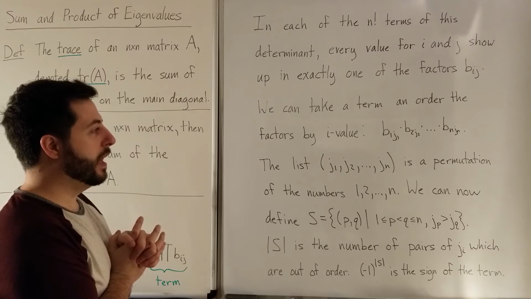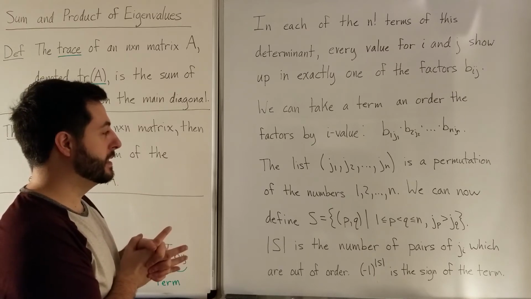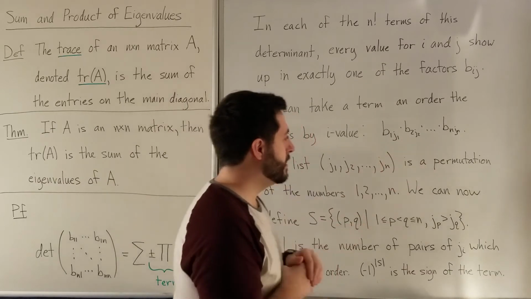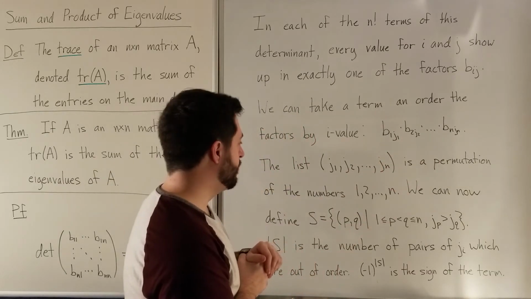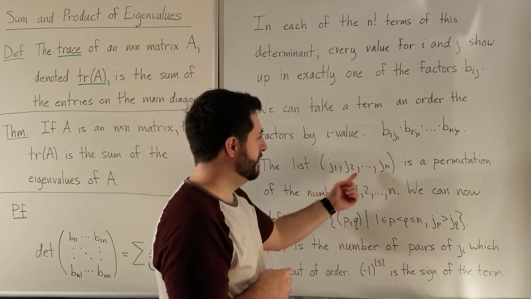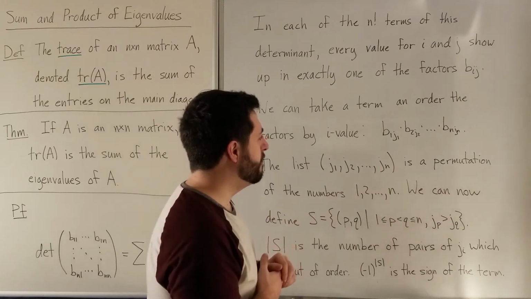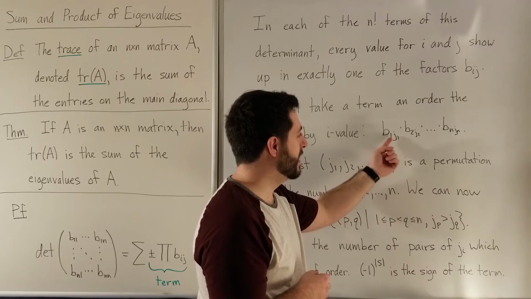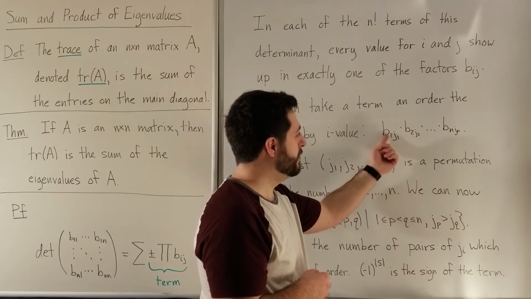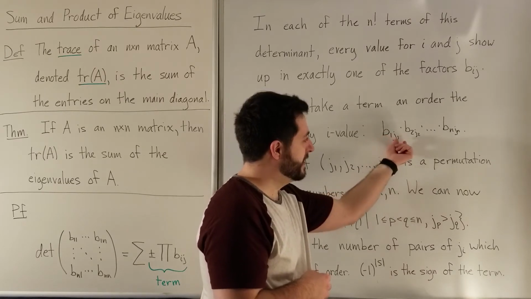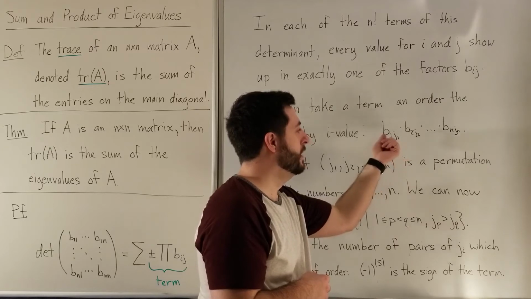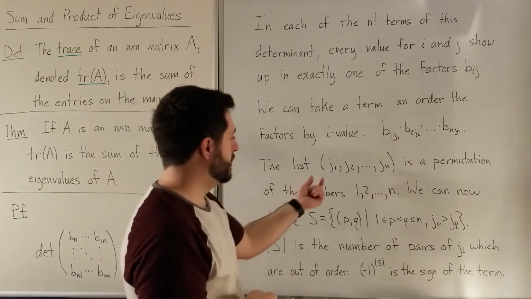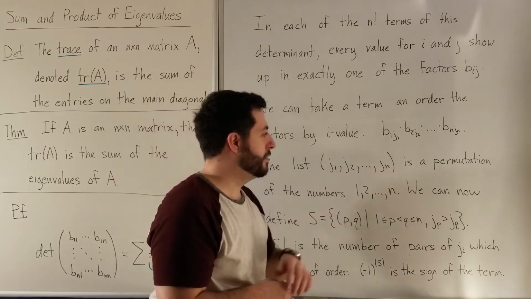So let's see what we can say about the plus or minus sign. I've ordered these factors by the row number, and then we have a list of j's. I've written these j's with a double index: b_i, and then the second index, the column number, I'm calling j_i. So the first one is j_1, j_2, all the way up through j_n.